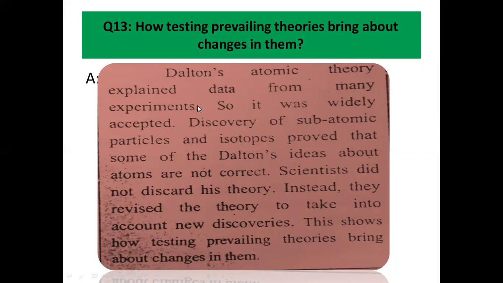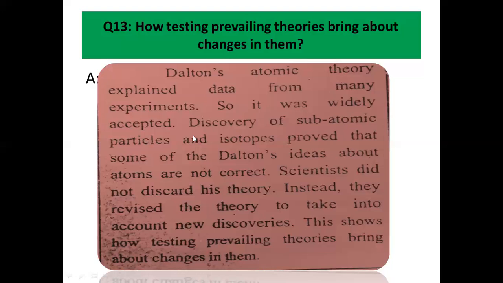He collected data from the experiments which other scientists performed, and by using that data he performed new experiments. So it was widely accepted. Discovery of subatomic particles and isotopes later proved otherwise.